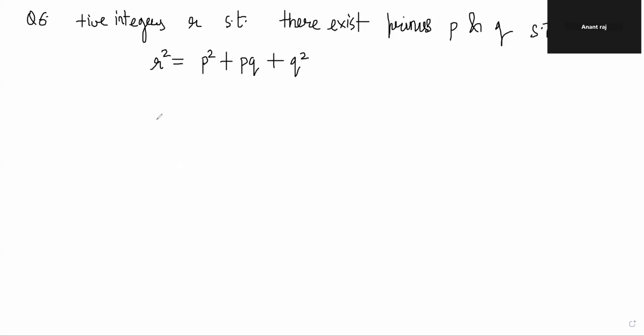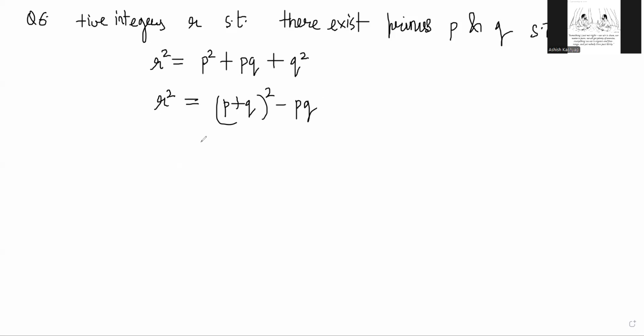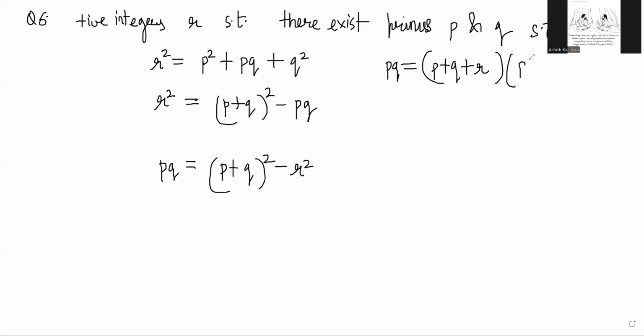Okay. So in this we can do factorization, because we can say that this is p plus q whole square minus pq, right? And we can say pq is equal to p plus q whole square minus r square. So from that, pq is equal to p plus q plus r times p plus q minus r, right?